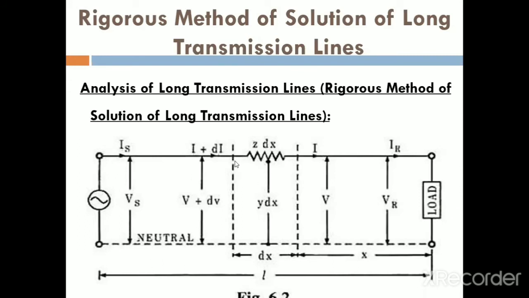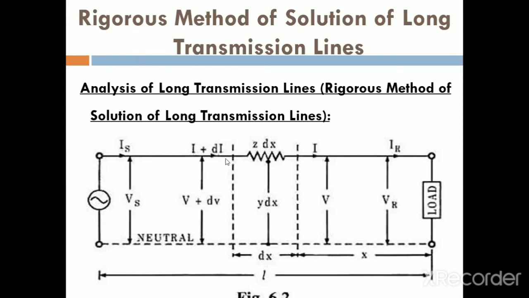That's why we cannot calculate each and every parameter's effect easily. For that reason we use a separate method, the rigorous method. By using this rigorous method we can easily calculate how much percentage of efficiency will be reduced by the effect of these parameters.